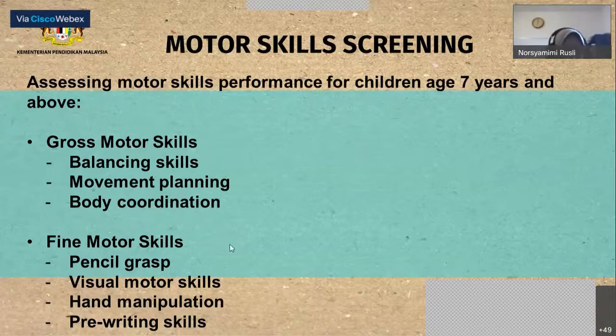For gross motor, we will look at how to assess balance skills, movement planning and body coordination. For fine motor skills, looking at the student's pencil grasp, visual motor skills, hand manipulation, and pre-writing skills.